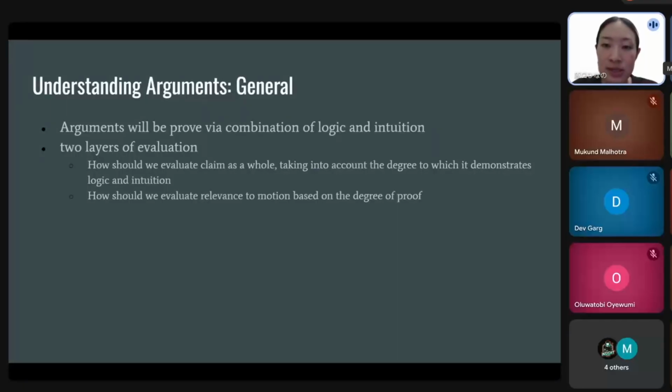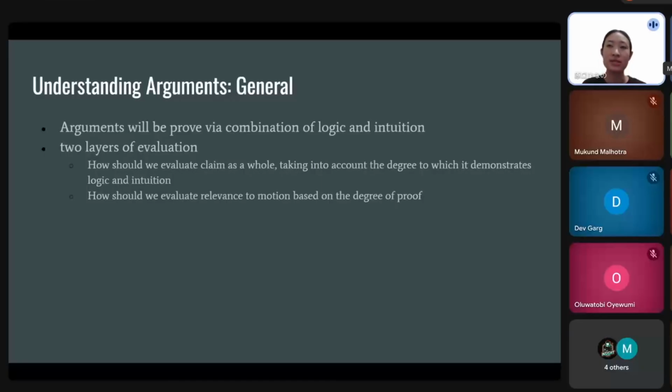The second note is that there are two layers of evaluation for the argument. The first is how we evaluate the claim as a whole, taking into account the degree to which it demonstrates logic and intuition. So it's the quality of the substantive the team provided. The second is how we evaluate relevance to the motion based on the degree of proof. It means, for example, whether the level of proof of the argument is sufficient to determine if the motion should be affirmed or not, or who wins or loses.